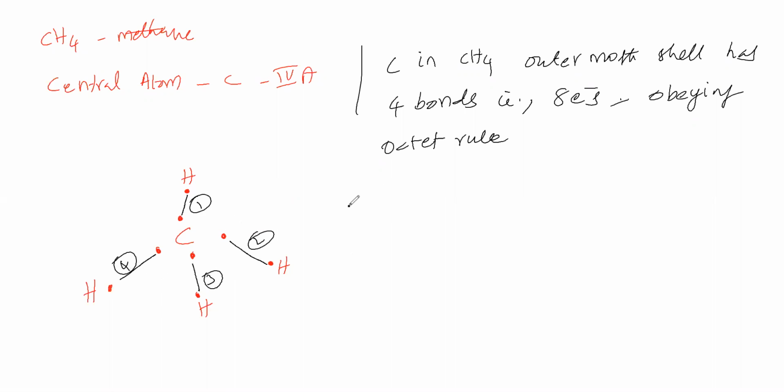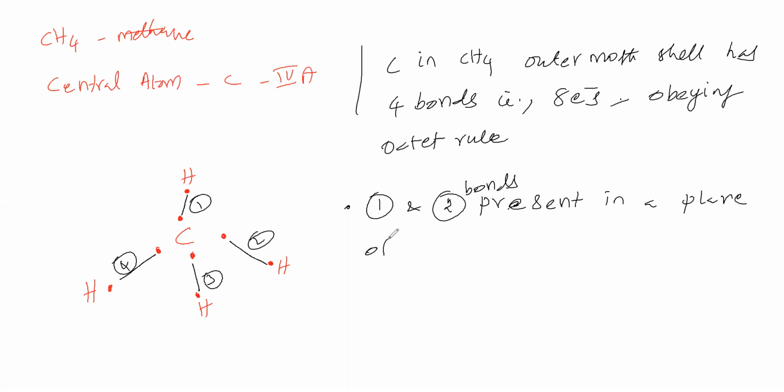Now I will take number 1 bond and number 2 bond present in the plane of the screen. So carbon, number 1 bond and number 2 bond are present in a plane.